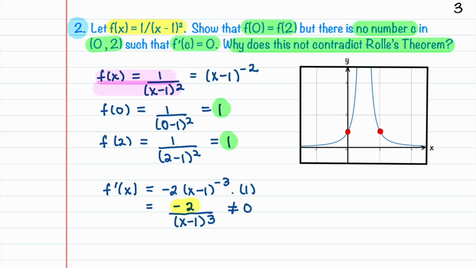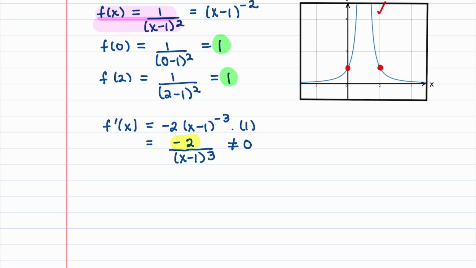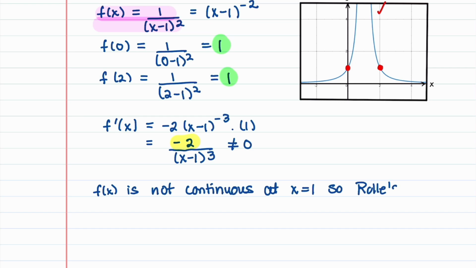You can also see this over here on the graph. There is actually a vertical tangent at x is equal to 1. So what we need to write down is that f of x is not continuous at x is equal to 1, so Rolle's theorem does not apply.